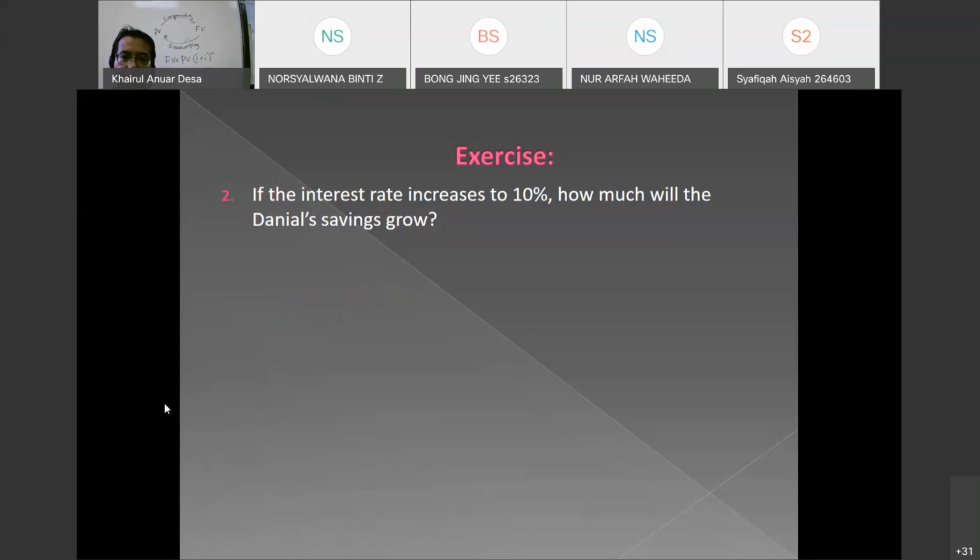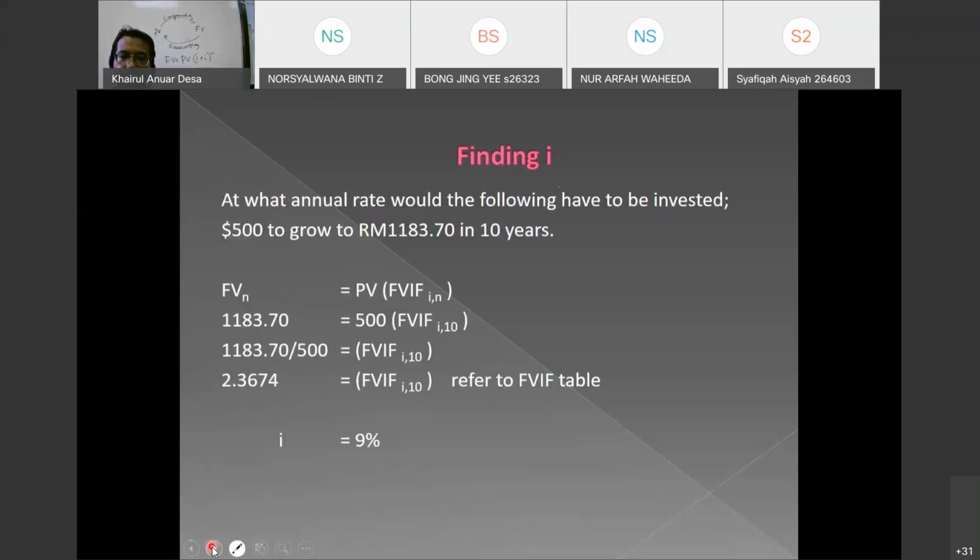Okay, we continue. In this formula, you can see the components are present value and 1 plus I power of N. Jika ditukarkan, dia boleh jadi soalan tu, the question can test you from any angle of the formula.